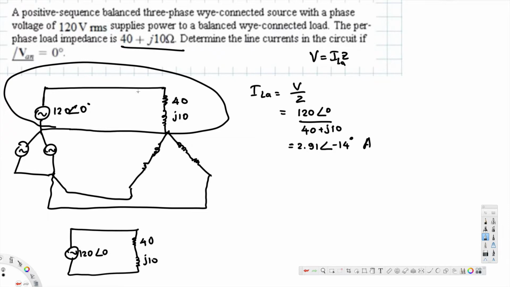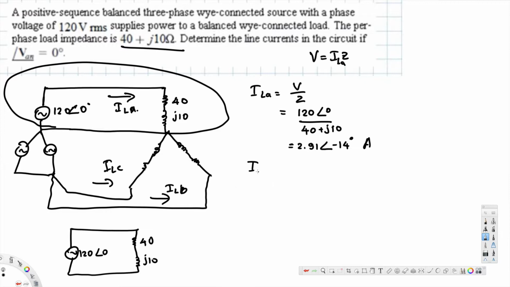Okay, this is the current through this one, ILA. Now we have to find out ILB and ILC as well. ILB, and this one is ILC. The only difference is they vary by 120 degrees.